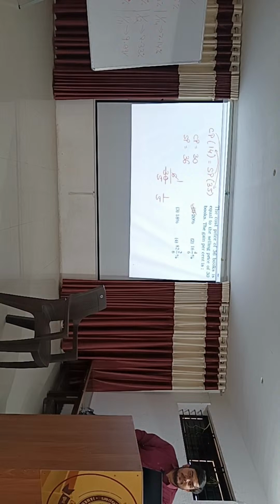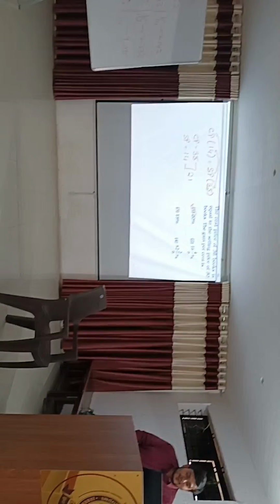Now if I say cost price of 14 books equals selling price of 35, is it profit or loss? Cost price is 35, so it is a loss. The selling price is what? The difference is 21 rupees.